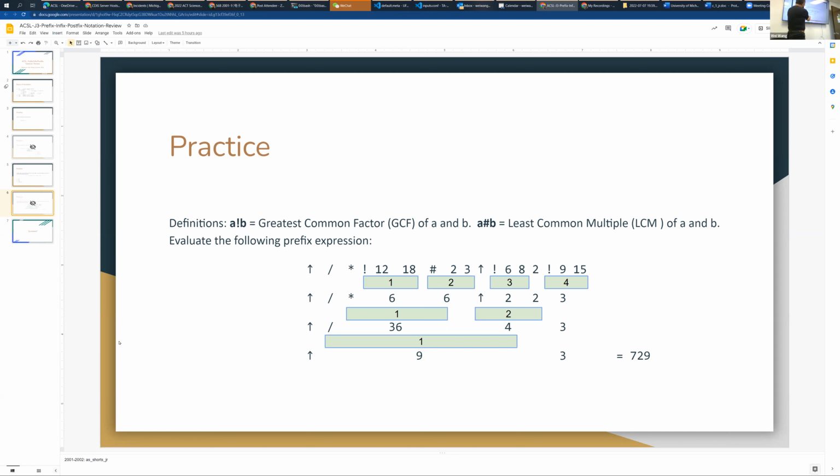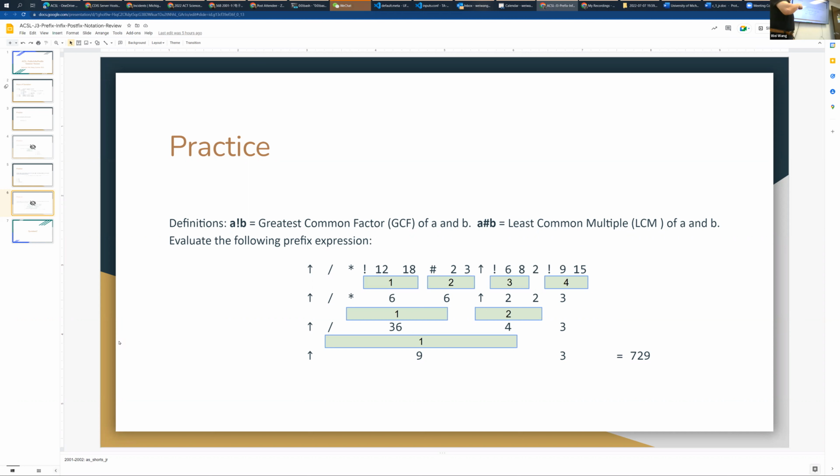And this is division, right? 36 divided by 4 is 9. And then there's the 3, and we've got exponential. 9 to the power of 3 is 729.